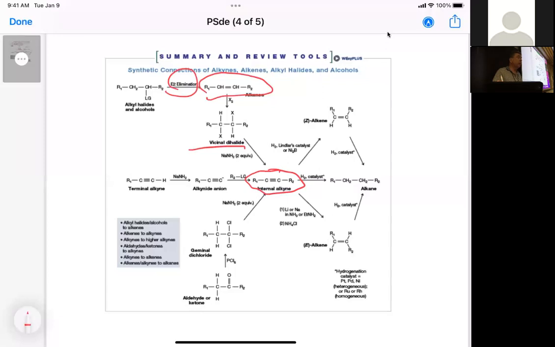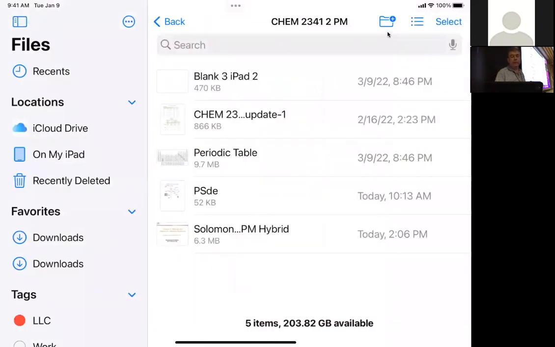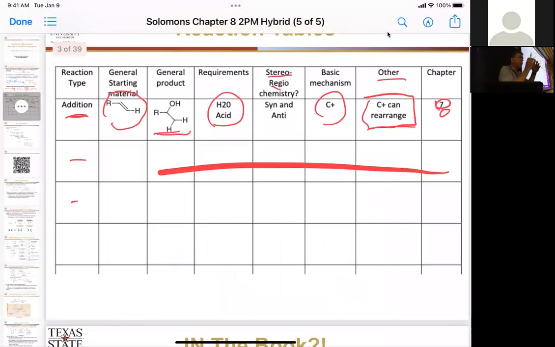In fact, the one for all the alkene reactions also has the intermediate. I like having the intermediate under the other section, because then if I know the intermediate, I'll know that, oh, it has to go anti-addition or syn addition.